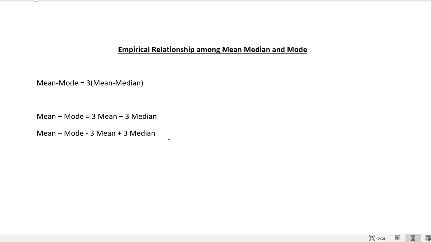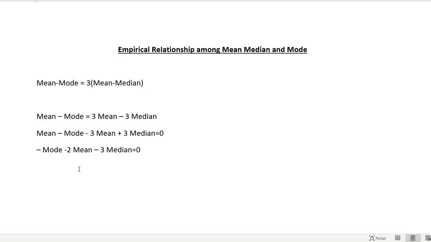Furthermore, it becomes equal to 0 if I move it to the left hand side. Then I get minus mean minus mode, and this one will remain minus 2 median, minus 2 mean, because from 3 mean minus 3 mean, one mean is subtracted, so we are left with this. That is equal to 0.